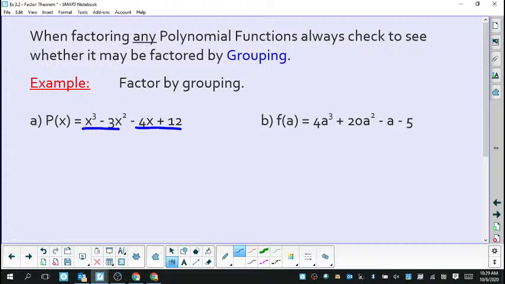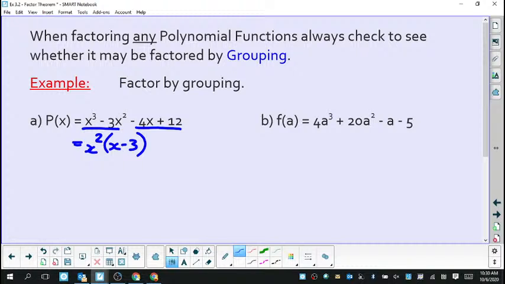What's common in this first group? X squared, and I'm left with x minus 3. What's common in the next group? -4.